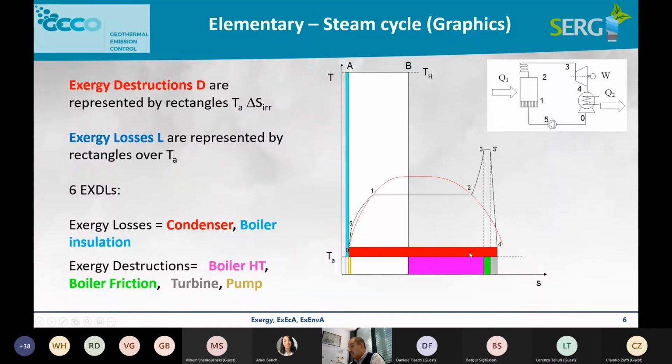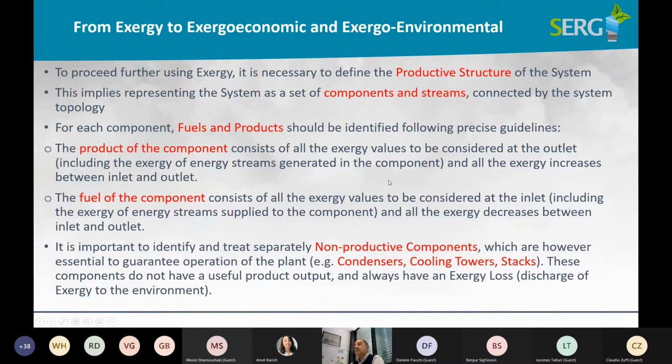So it's always rectangles, but either it is a condenser loss as this red line, or it is the boiler heat loss because the boiler is not perfectly insulated. Anyway, losses lie over the environment temperature, while all destructions lie below. So from the graphical point of view, it's quite easy to make the difference.